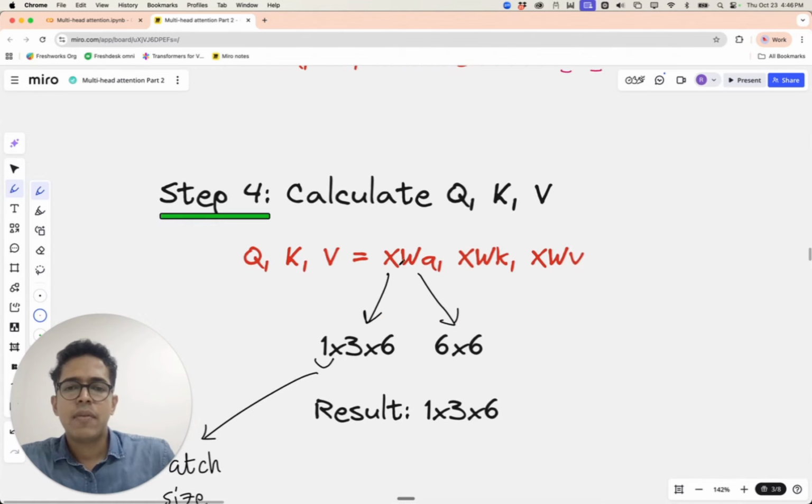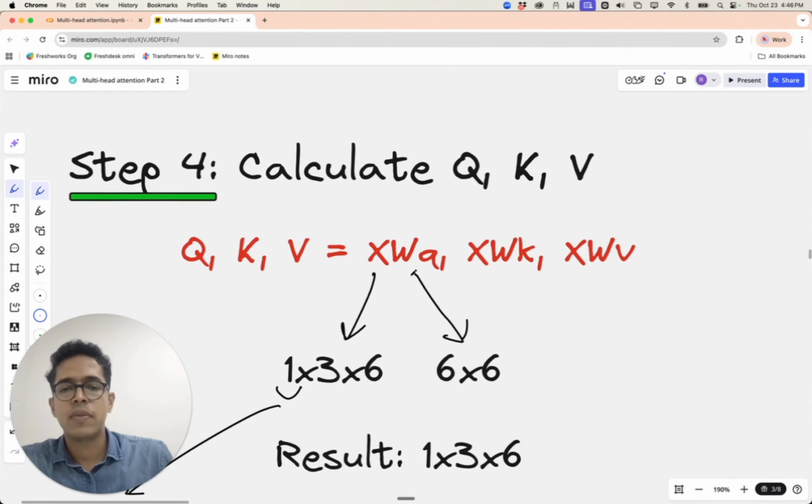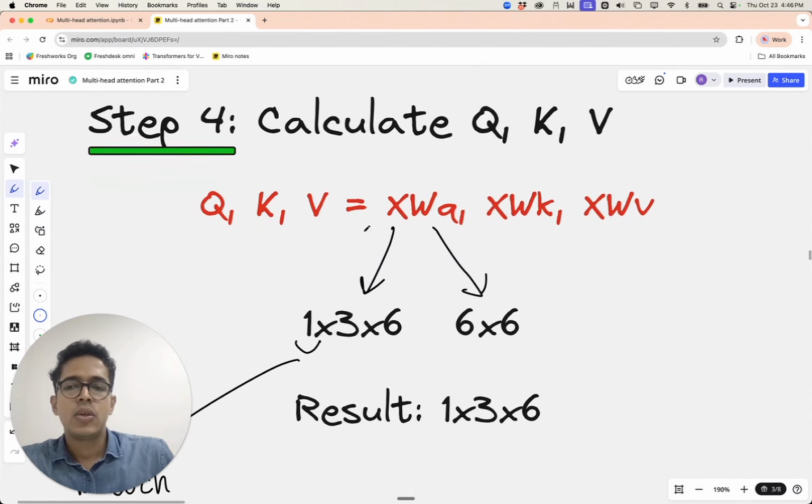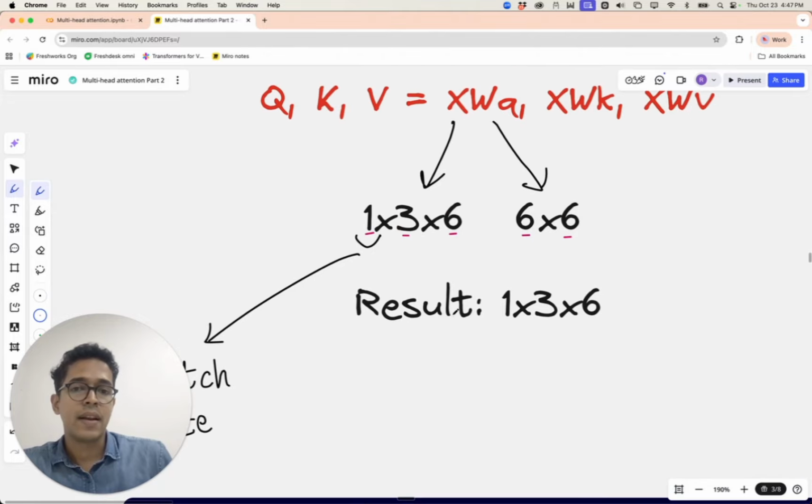Now let's look at one of these, because the dimensionality is the same across query, key, and value. So we just need to look at one of these to understand the dimensions. The dimension of X, which is input, is 1 by 3 by 6. 1 is the batch size, 3 is the number of tokens, 6 is the dimensionality of each token. WQ is 6 by 6. So the result of 1 by 3 by 6 multiplied by 6 by 6 will be 1 by 3 by 6 again.